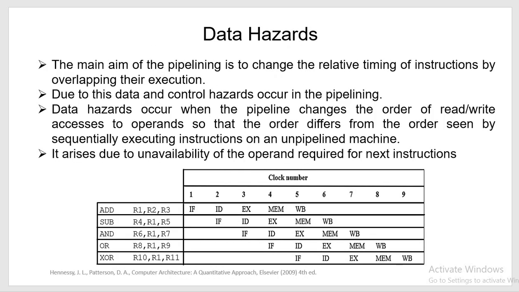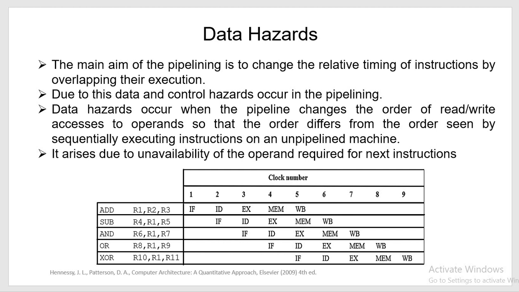So, the data hazard. What is the aim of pipelining? The aim of pipelining is to change the relative timing of instructions by overlapping their execution. If we look at the unpipelined structure, the second instruction will only start after the completion of the first instruction.